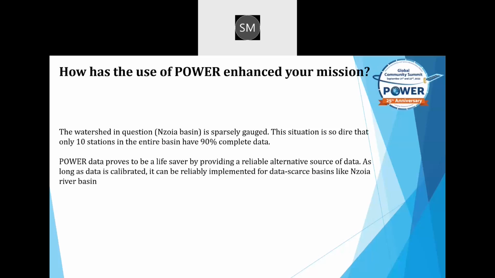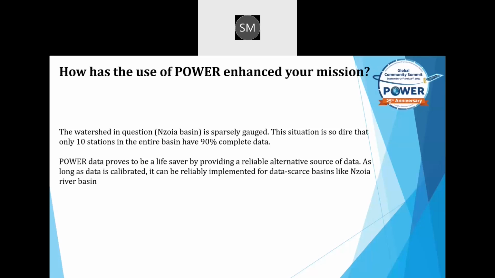So we can say POWER is enhanced by this mission since, as we know, the watershed in question is sparsely gauged. With about 10 stations having 90% complete data, this is not appropriate for the specific uses that engineers and hydrologists aim for.